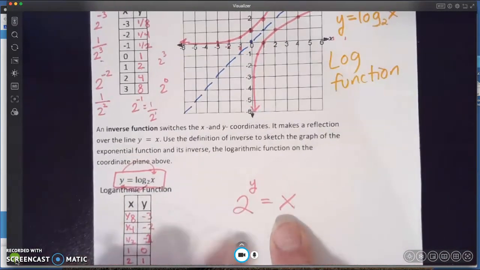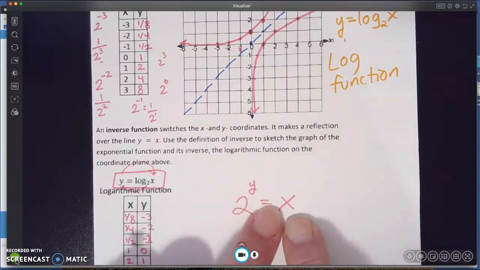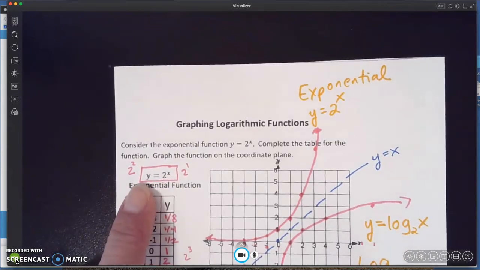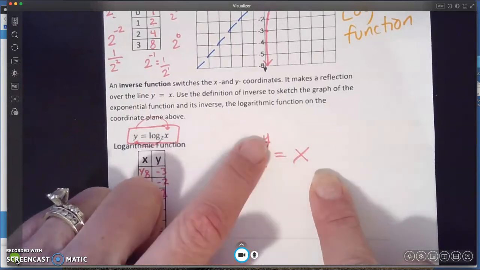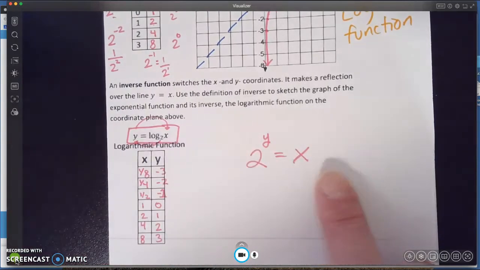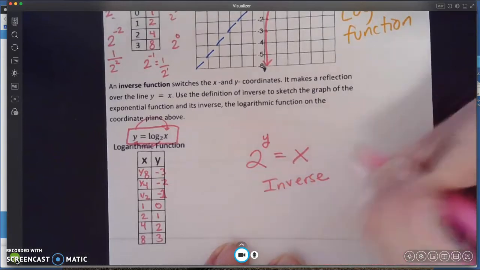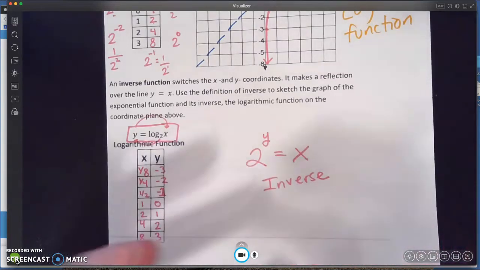So hopefully you can see that the x and the y are in the complete opposite positions as the original x and the y from the exponential function. So whenever you switch out your x and y, then it becomes an inverse. So this one is our inverse. And in other words, logarithms are basically related to exponential functions because they are the inverse of each other.